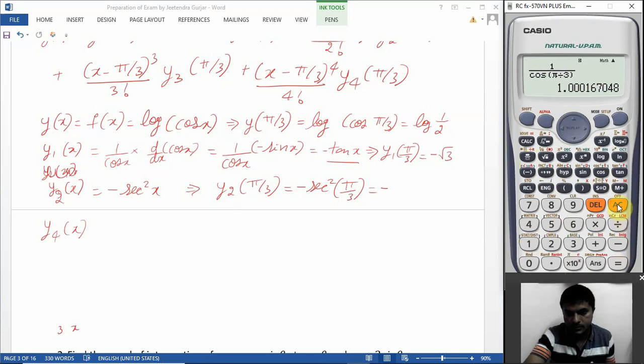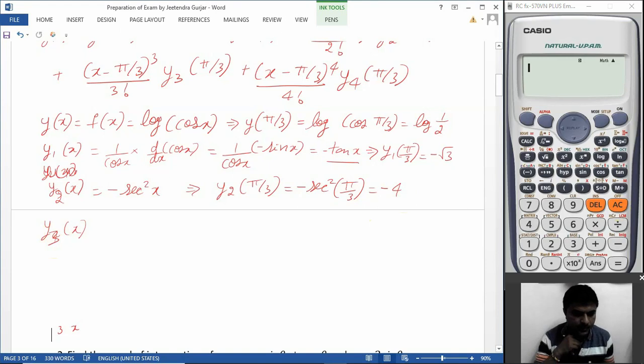So something is different here. Okay, whatever it is, sec, you can see friends, it is 2. Sec pi by 3 is 2. Square is going to become 4. So I'll just substitute here 4 value.